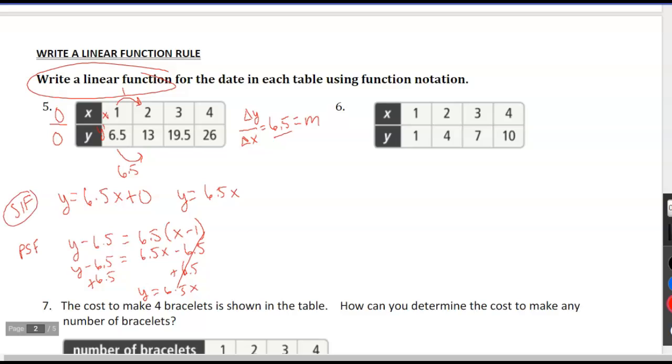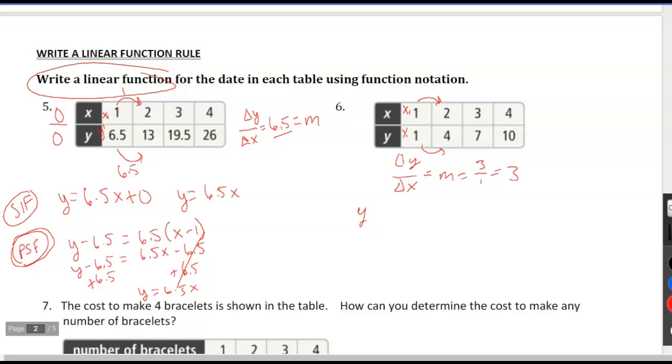So if you can figure out your 0, you can do it this way. But the tried and true way that will always work is point-slope form, which is what I'll continue to do. So over here, my change in y over change in x is equal to my slope, which is equal to, we're going up 3 and 1. So 3 over 1, my slope's 3. I'm going to pick a really easy point, x1, y1. And these are pretty typical of what you're going to see throughout this chapter.